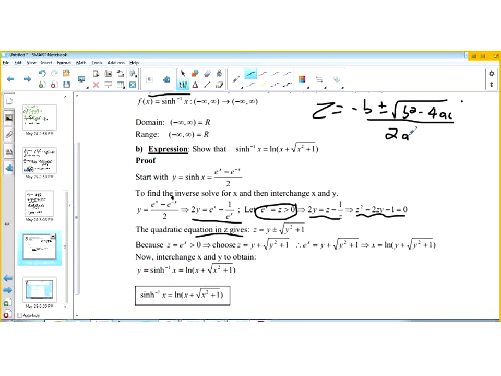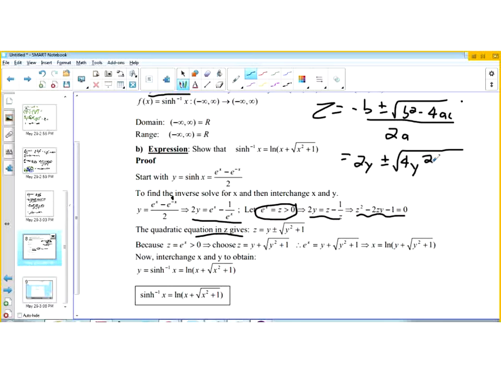Okay, and so in this case, what is b? b is negative 2y, right? So that would be negative 2y plus or minus, no, I'm sorry, the negative of b. b is negative 2y, so the negative of b is 2y, excuse me. Sorry, I'll get it right one of these days. So the negative of b translates to 2y plus or minus, now b squared is 4y squared.